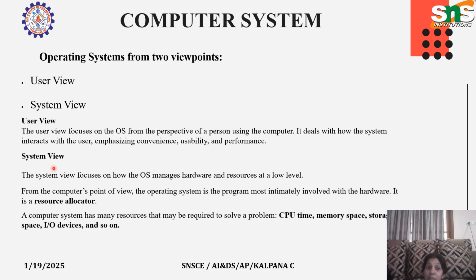Next, the system view is entirely different from the user view. In the system view, the OS has to manage all your resources, like hardware, at a low level. For example, allocating resources, allocating processes, handling memory, error handling and interrupts will all be taken care of by the operating system.